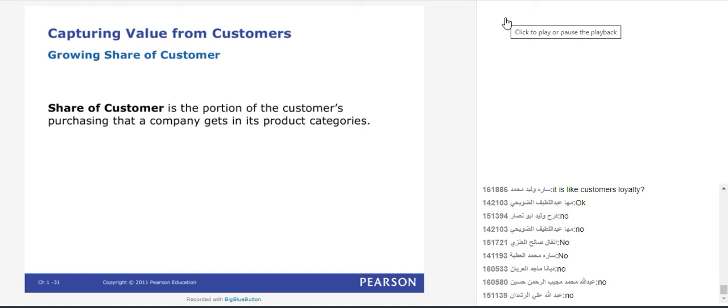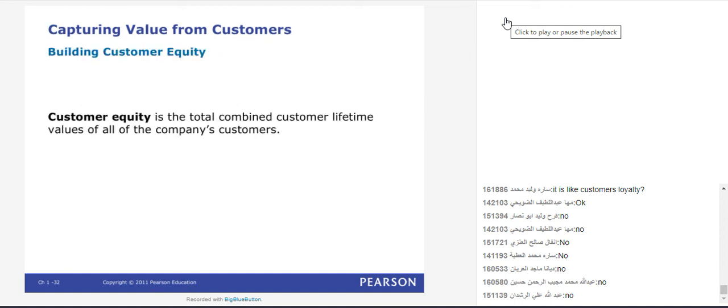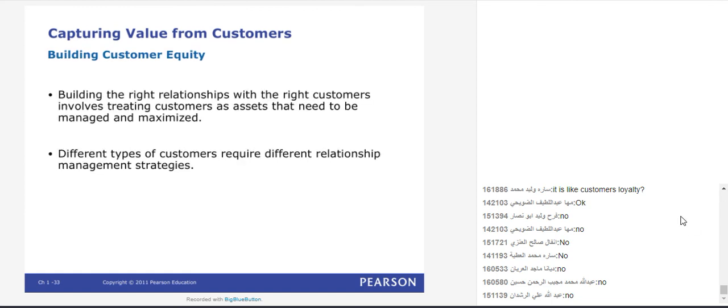Also, they are trying to increase the customer equity. What is customer equity? Customer equity is the total combined customer lifetime value of all the company's customers. Okay, it's the combined customer lifetime value of all the customers. This is the customer equity. Building equity, how?